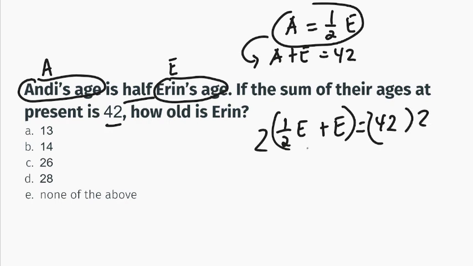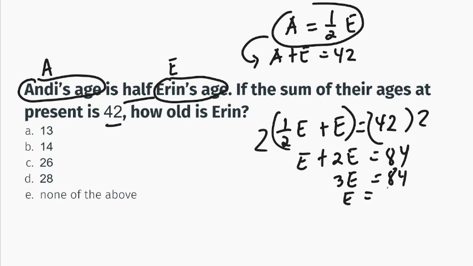So what we're left with is E plus 2E is equal to 84. And then we have 3E is equal to 84. And then solving for E, we divide this by 3, so we have 28. So we have solved for E, which is the age of Erin. So the answer is letter D, 28 years old.